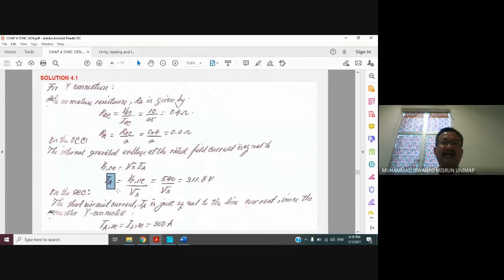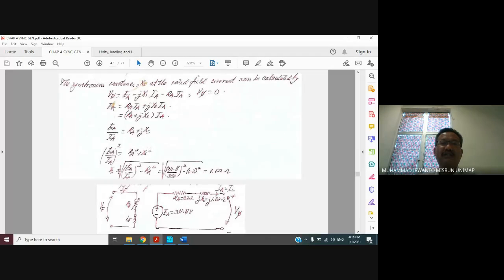So I short circuit is equal to I line, which is equal to 300 amperes. From the values RA, EA, IA, with the terminal voltage in the short circuit condition being 0, we can calculate the value of the synchronous reactance. The synchronous reactance can be found using this formula.